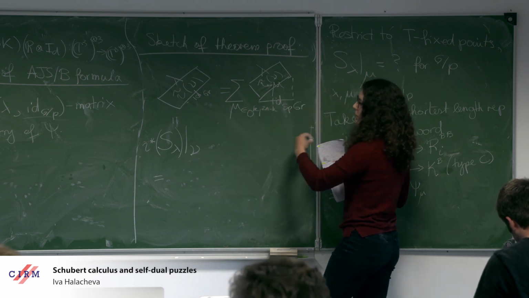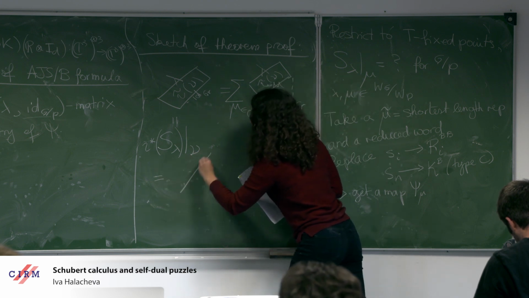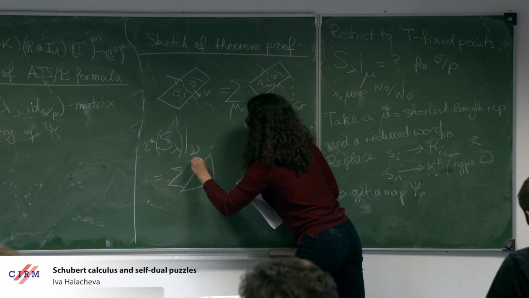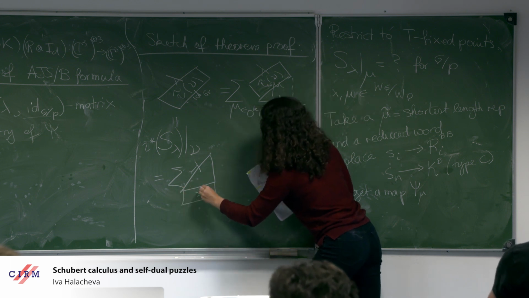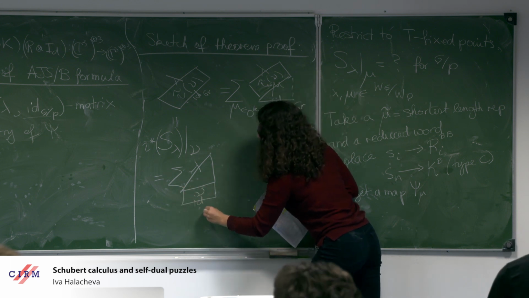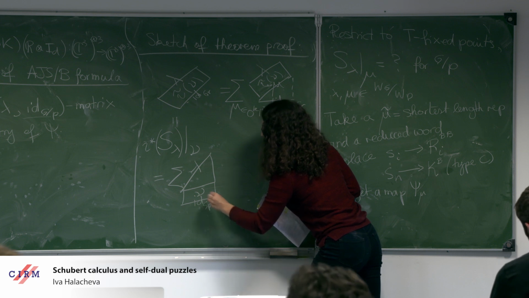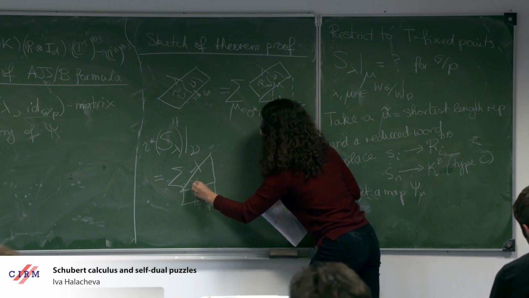So again, using the properties of R, K, and U, this is equal to the sum of lambda, nu, and identity on the symplectic Grassmannian, whereas here we're summing over beta.